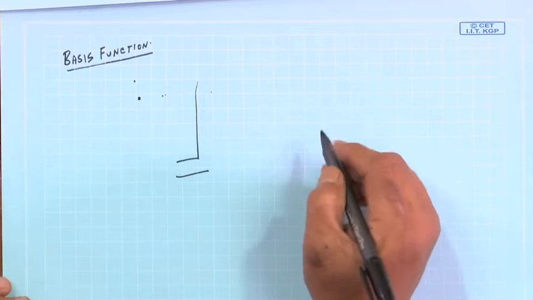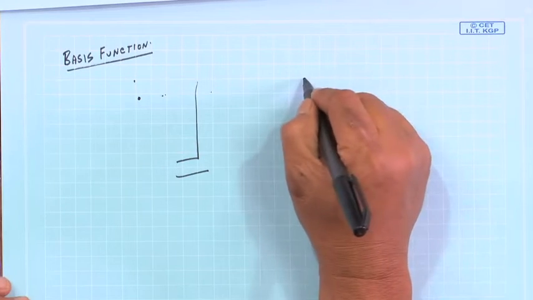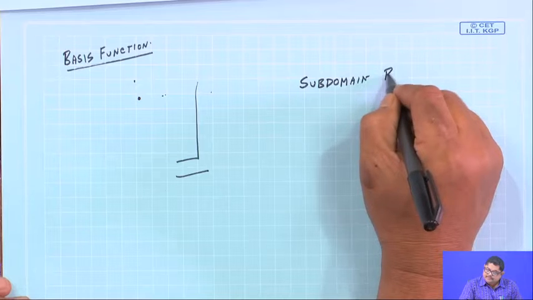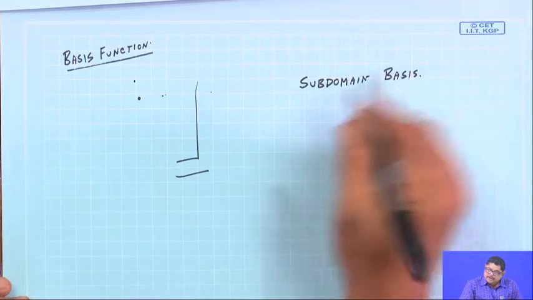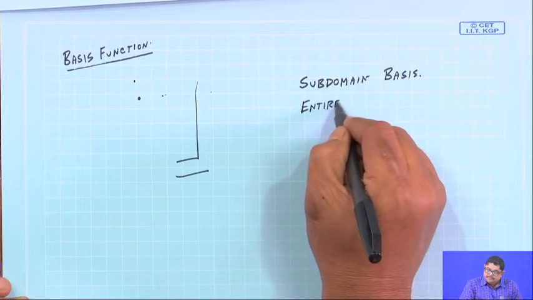Actually, there are two types of basis functions. One is called the subdomain basis function. Another is called the entire domain function.